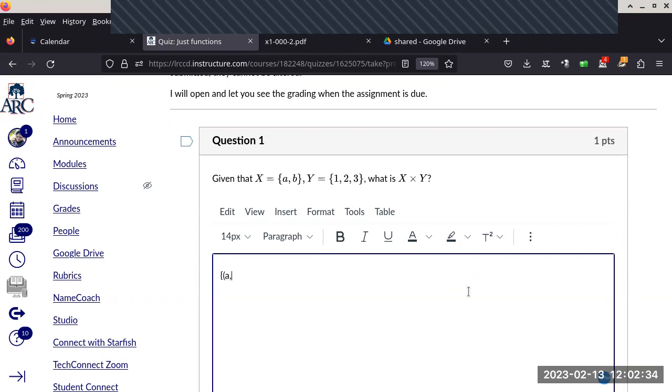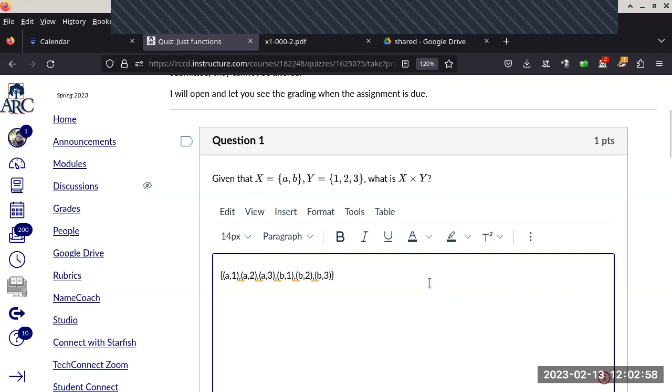So in this case, it will be A1, A2, A3, B1, B2, and B3. That would be the answer. Do we have any questions about the answer to number 1? Okay, all right, so that's that.